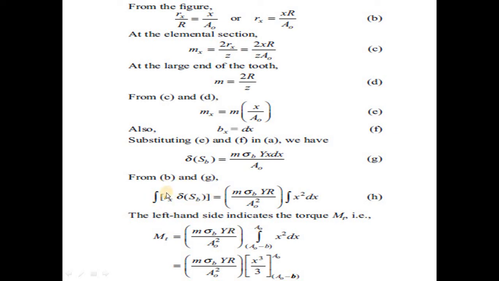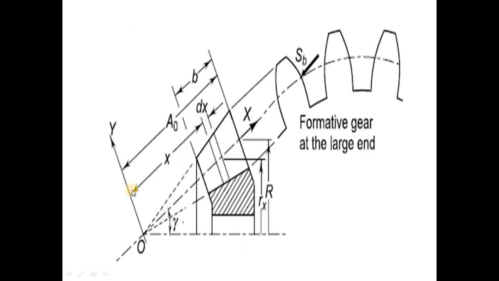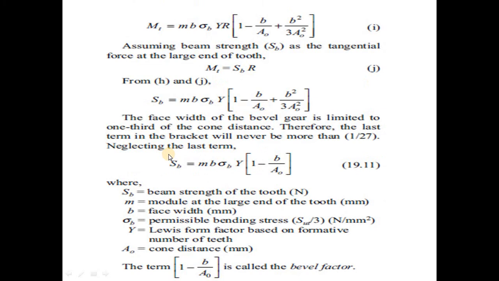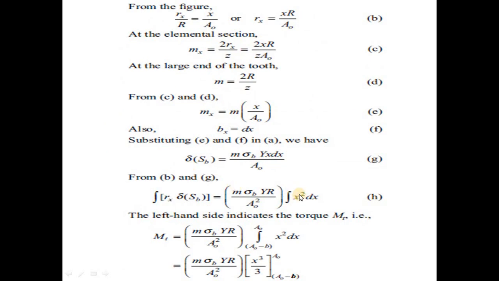That integration gives the value of Mt, and here m sigma b y R divided by A naught, these are the constant terms, and we take the integration of x square into dx, and x is a variable term, because in that elemental section we have considered x distance. Sometimes we consider this element, sometimes we consider that element, but this x is a variable term. That's why here we take the integration for that x, and all other parameters are constant.